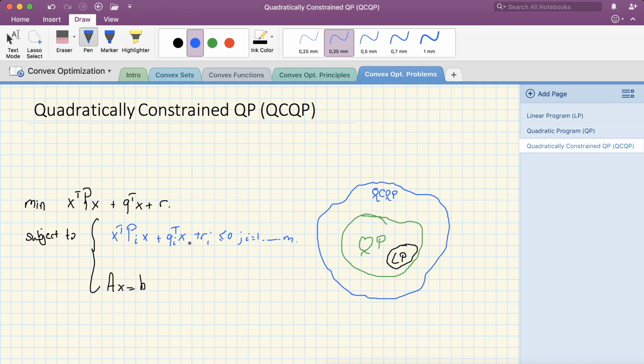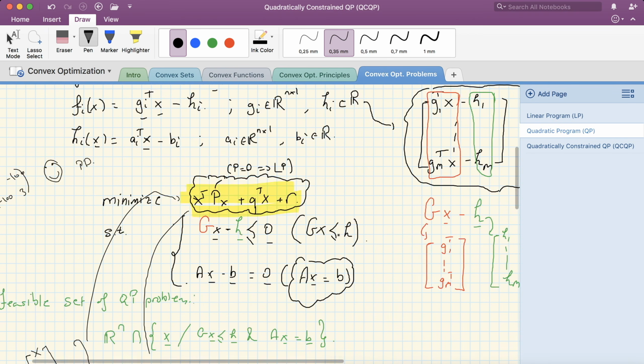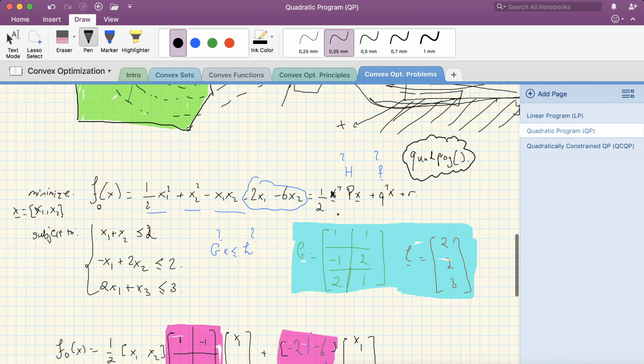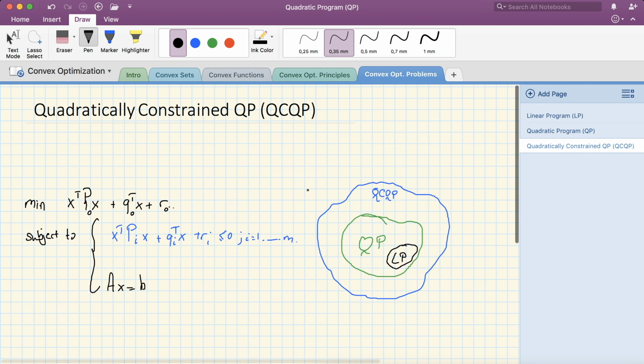So that we distinguish those inequalities from the cost function, we usually give a nod here: P nod, q nod, and r nod. And again, as we said in the previous lecture, we've got a half showing up due to the gradient. So I'm going to insert a half right here. You can do without it, but I'm going to insert it just to be consistent with MATLAB. So yeah, this is a QCQP.